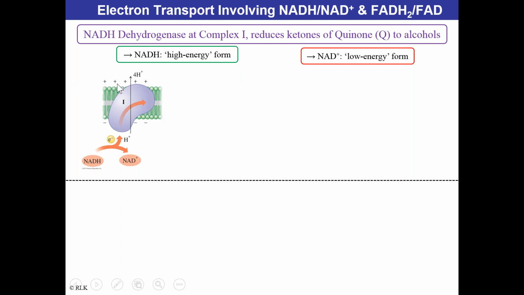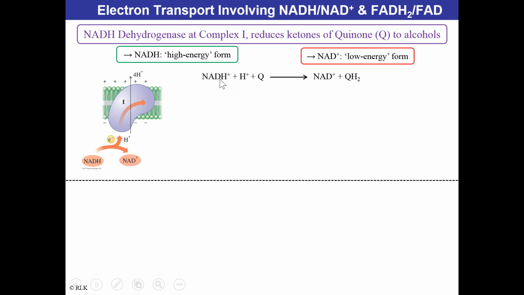Let's just say there's positive charges on the outside and negative charges inside. Again, we're talking about the mitochondria. If NADH is present, it can become oxidized to NAD plus, and in doing so, the H plus, the proton or the electron, they're going to be attracted, and then it's just going to pass on through.